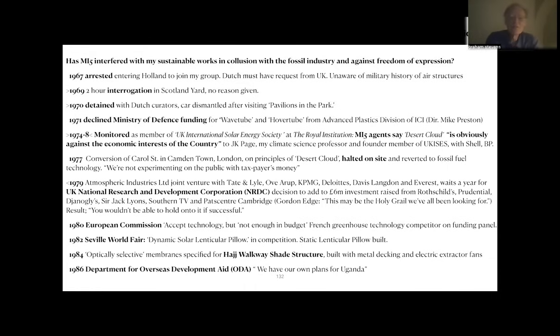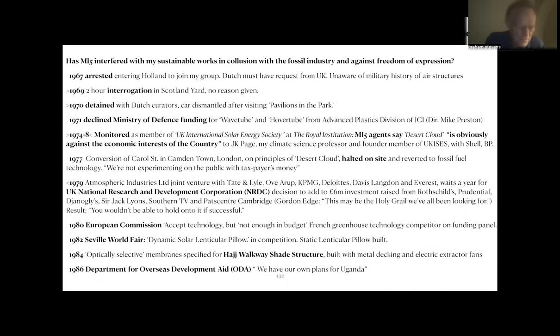And so we formed a company together, and invited Peter Rice, the engineer at Arup, and KPMG and Deloitte's, Davis Langdon Everest, and a friend of mine, Eddie Shackleton, who was head of the Royal Geographical Society and also head of the Lords Committee on Science and Technology.